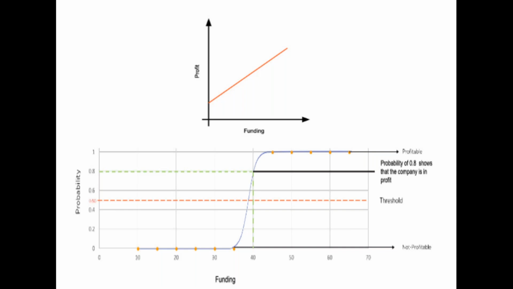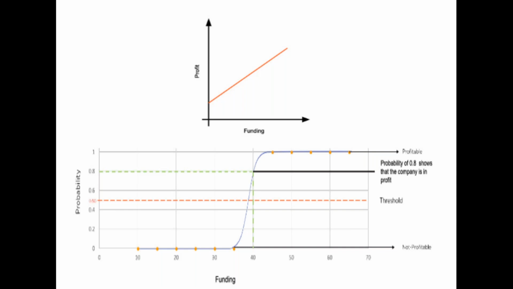Now I'm going to compare linear regression and logistic regression so that you get a better understanding of logistic regression, and then I'm going to take you back to the code and make you correlate the concepts. In the first graph, they're just predicting that as the funding increases, the startup will have more profit.